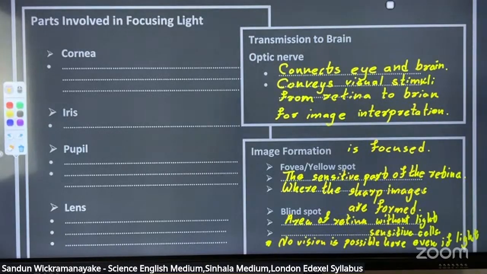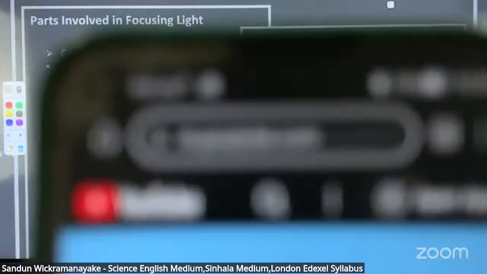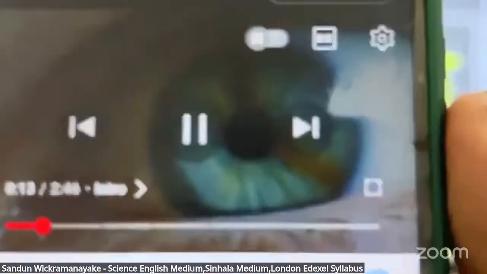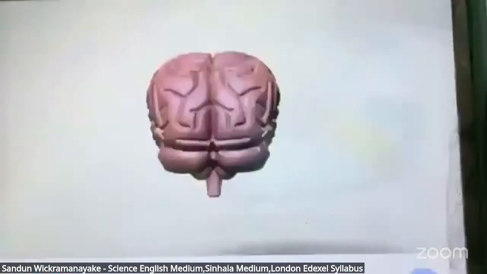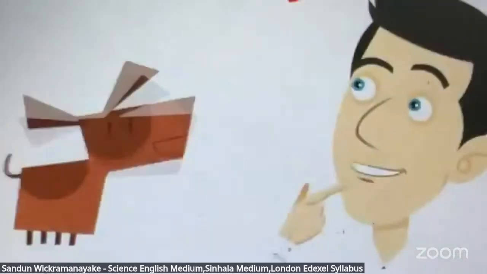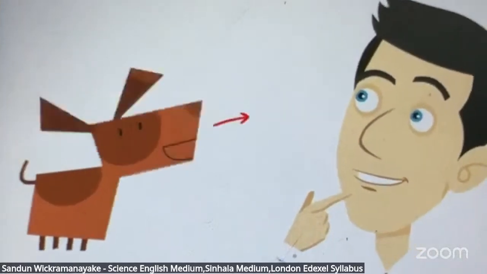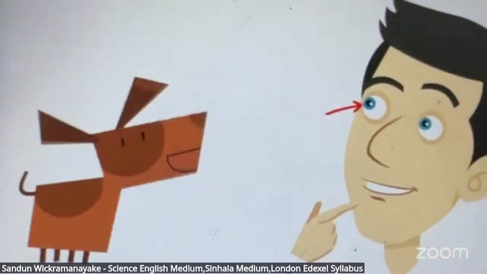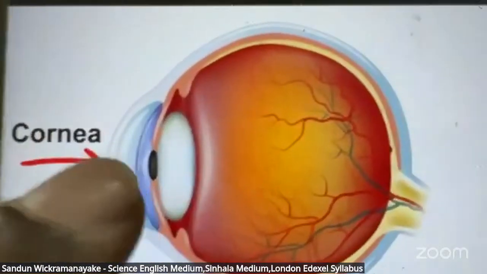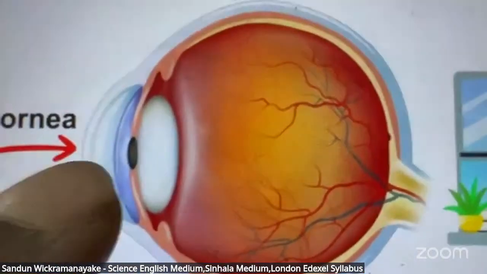enter our eye, it behaves like this. This is our human brain. If we see something, this process should happen. This is the cornea, the transparent layer.